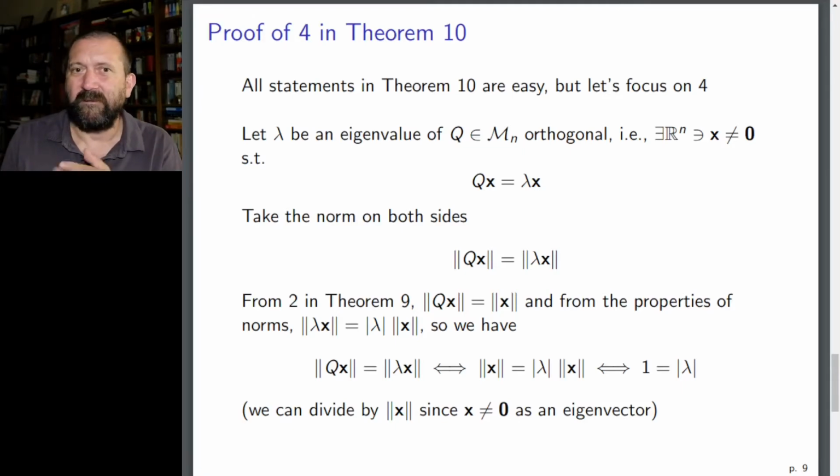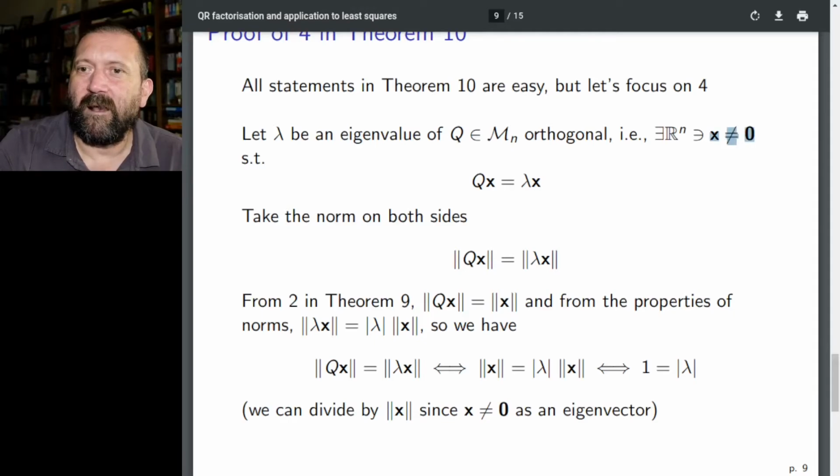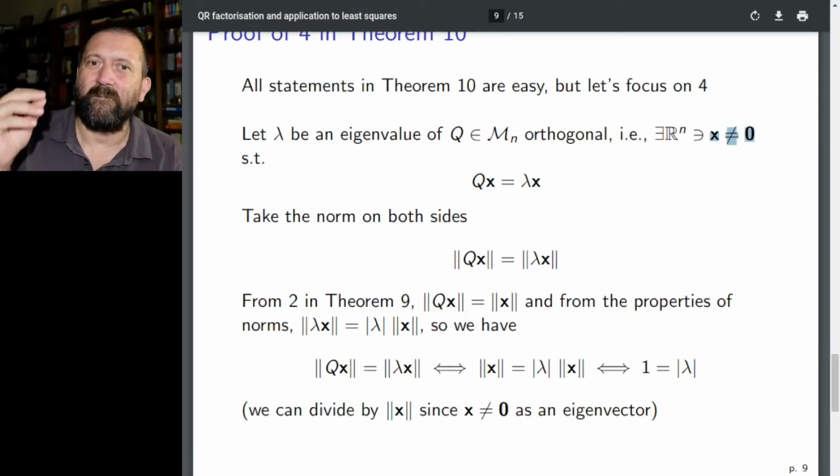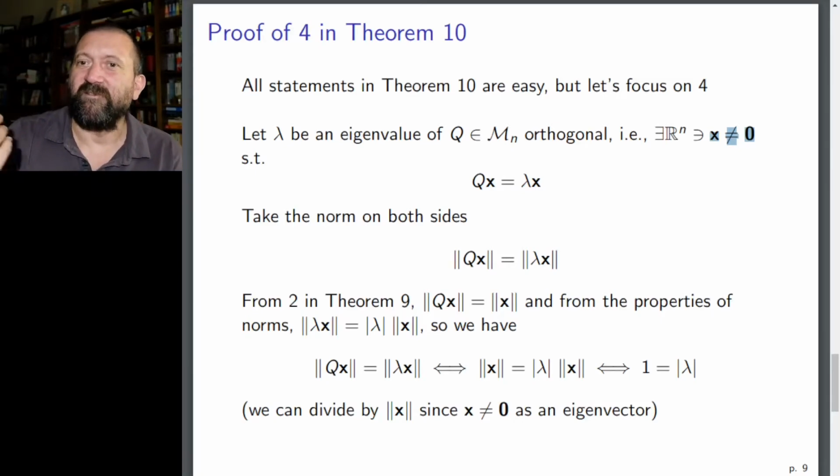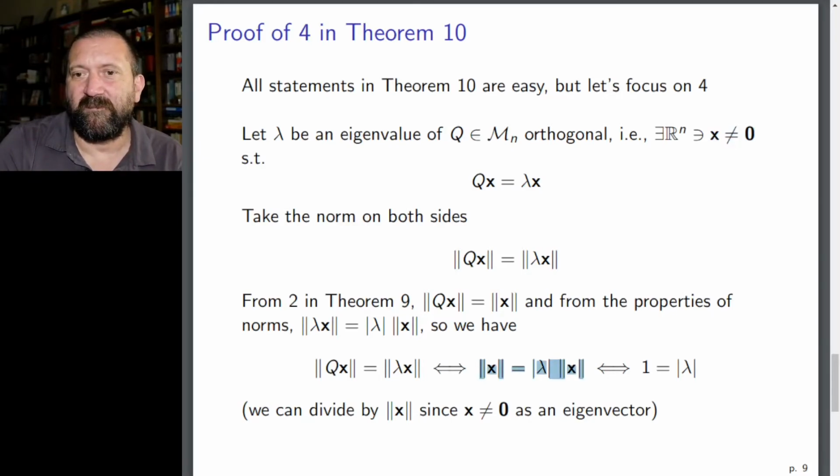And so I can divide both sides by the norm of x, because remember that, as I stress every time, if x is an eigenvector, then it's non-zero, so its norm is positive. So I can divide both sides of this equation by the norm of x, and I find that the modulus of lambda is equal to 1.